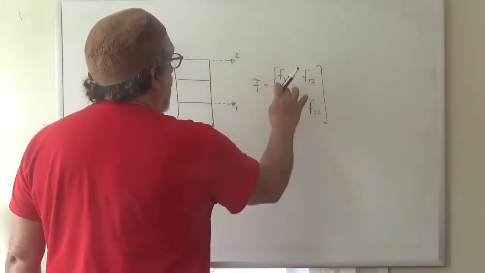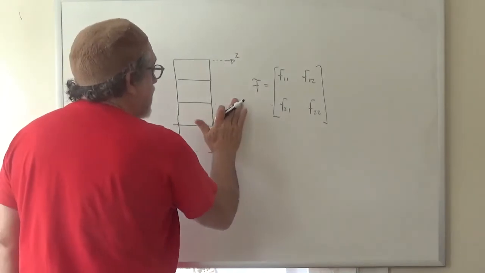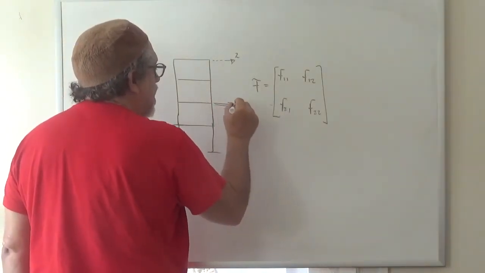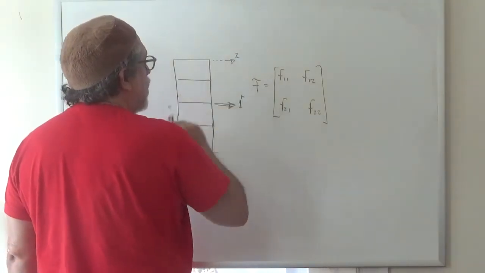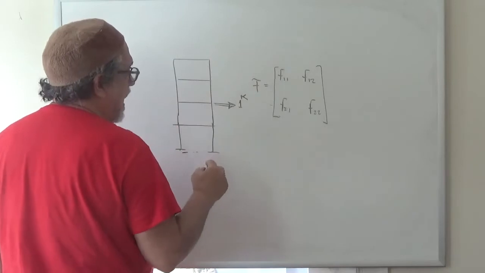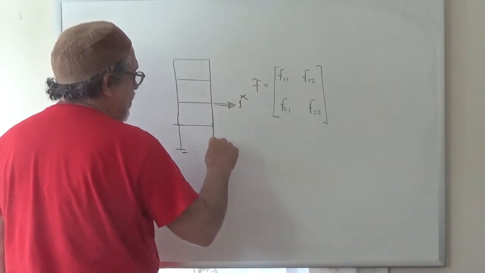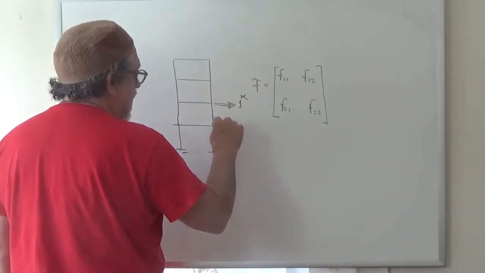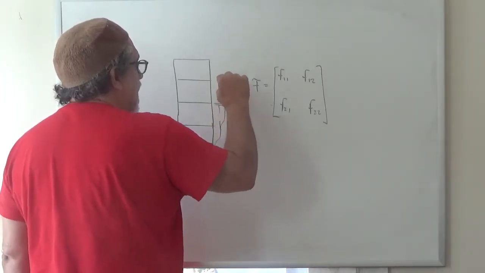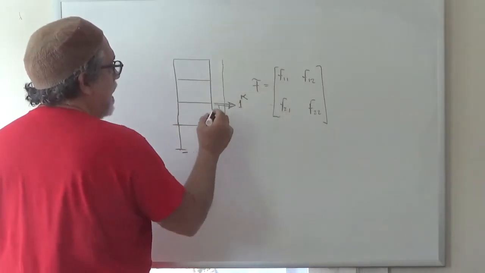If I want to know F11 and F21, I just come here and apply a unit load, right? We're going to use kips because it's conventional. And when I apply that unit load, my structure deforms. So it deforms like this, if it's a shear building.